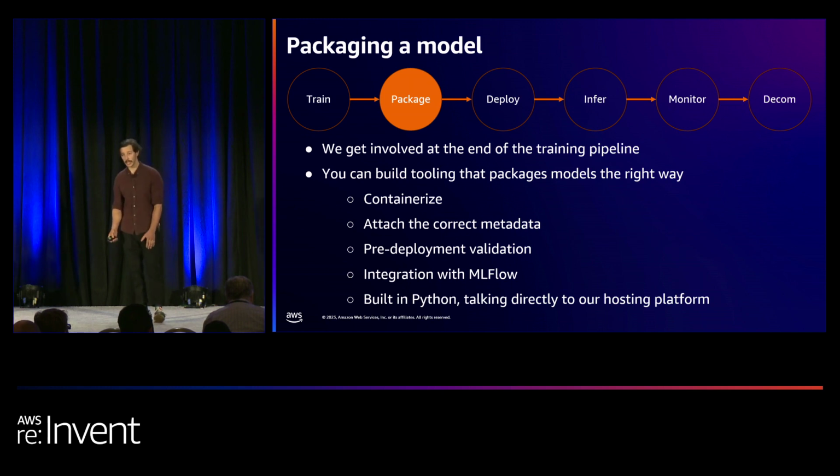It allows people to easily package their models in the right way for your platform, attach the correct metadata, do any sort of validation, and integrate directly with MLflow, so you get a lineage from training to production. The benefit is that if you do that at the end of the training pipeline, you can just write some Python code that people can import and use.